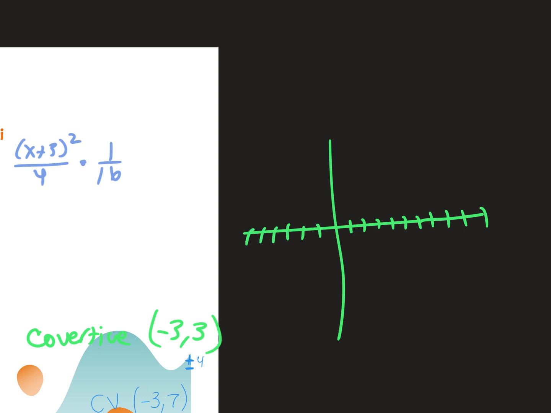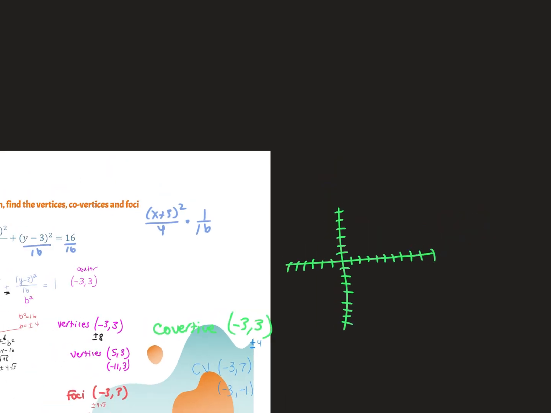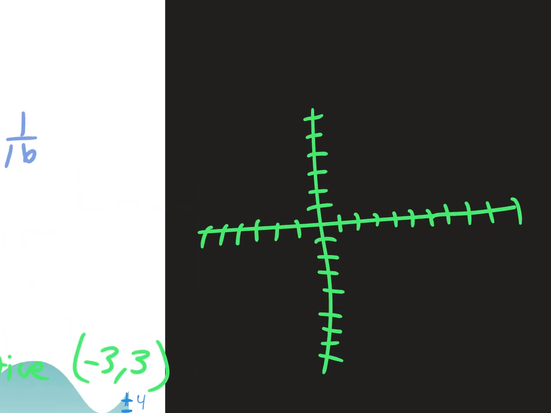All right, so let's draw a quick little picture, and then we're done for today. Where's my center? Negative 3, 3. So 1, 2, 3, 1, 2, 3. All right, there's our center.